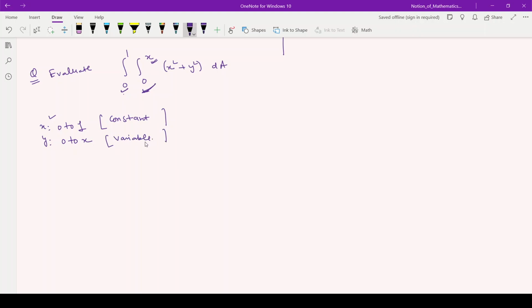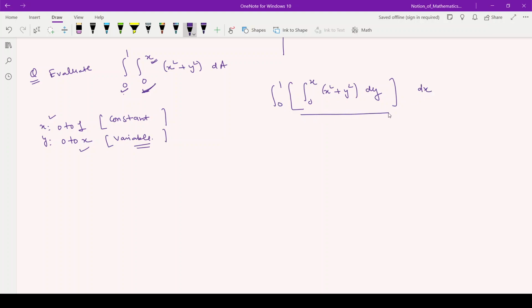The limit of y is variable, and I have already told in this video that we will first deal with the variable limit. How? Inside the bracket I will collect the data of y. I mean to say the limit of y is from 0 to x, and then the function x square plus y square, and this is dy, and then the limit of x, 0 to 1, and dx.